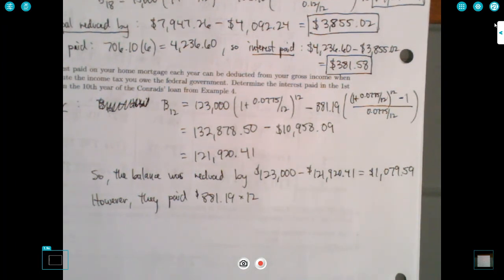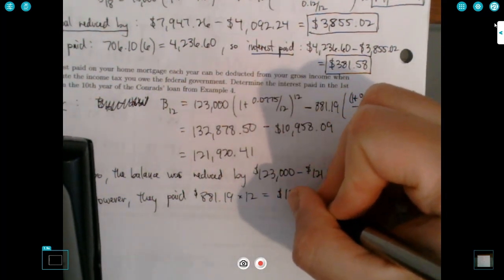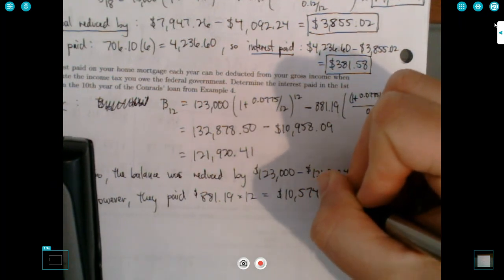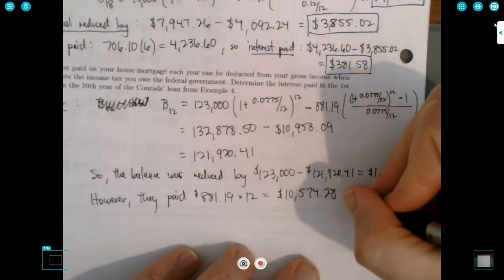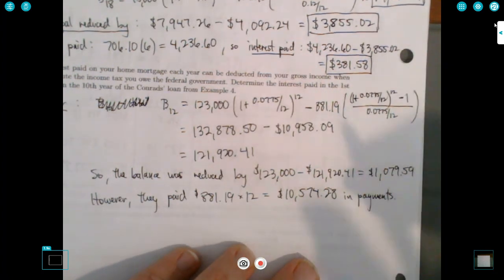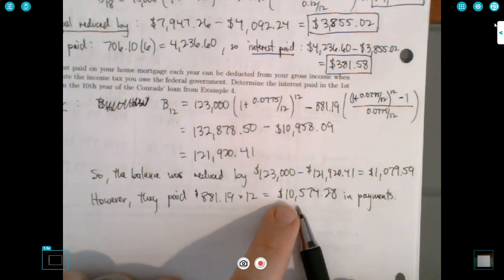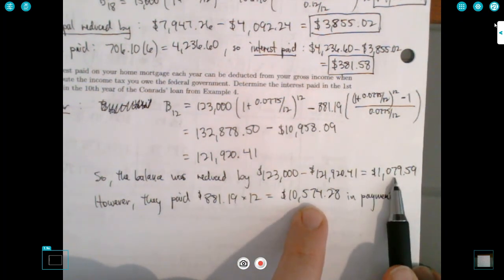So 881.19 times 12. So they paid $10,574.28. That's in payments, right? So this is how much they paid. This is how much went towards the principal. So the other $9,000-ish went towards interest.